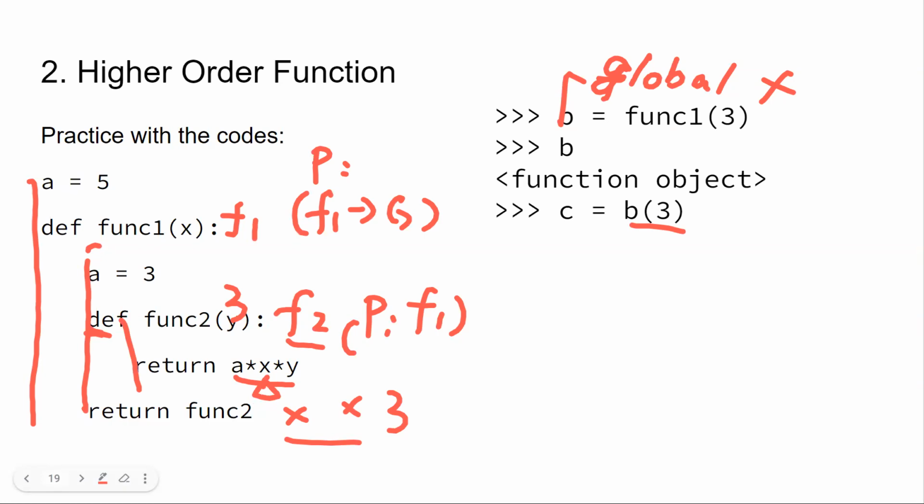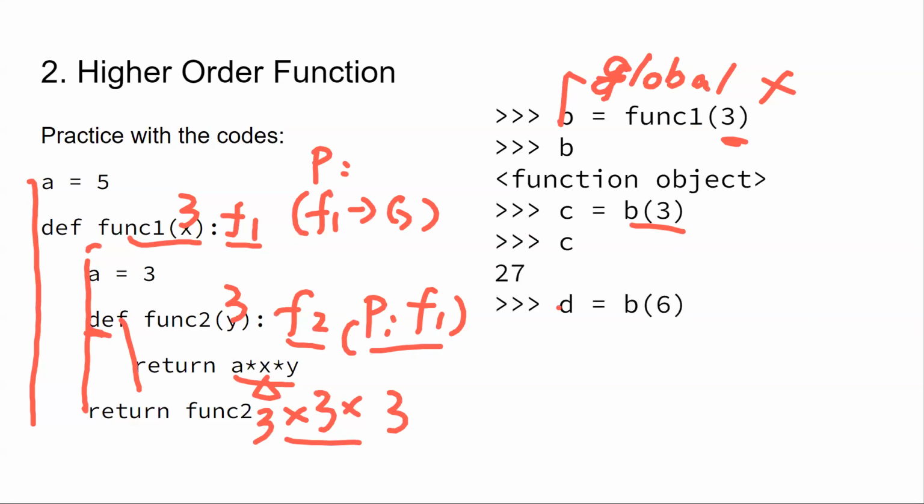We do not find the x variable in frame 2, so we have to look it up in the parent frame, which is F1. In function 1, x is 3, as we passed in before, and a is also in frame 1, so a is 3. So we have 27. C is 27.